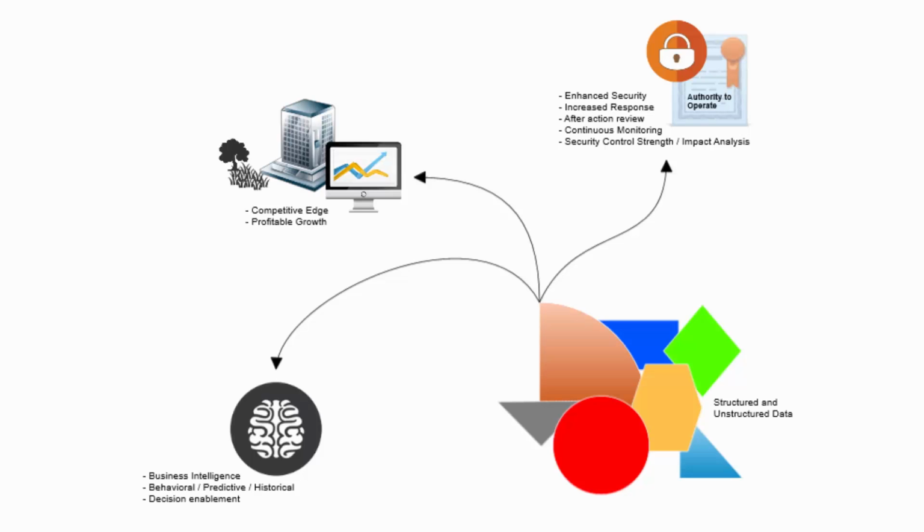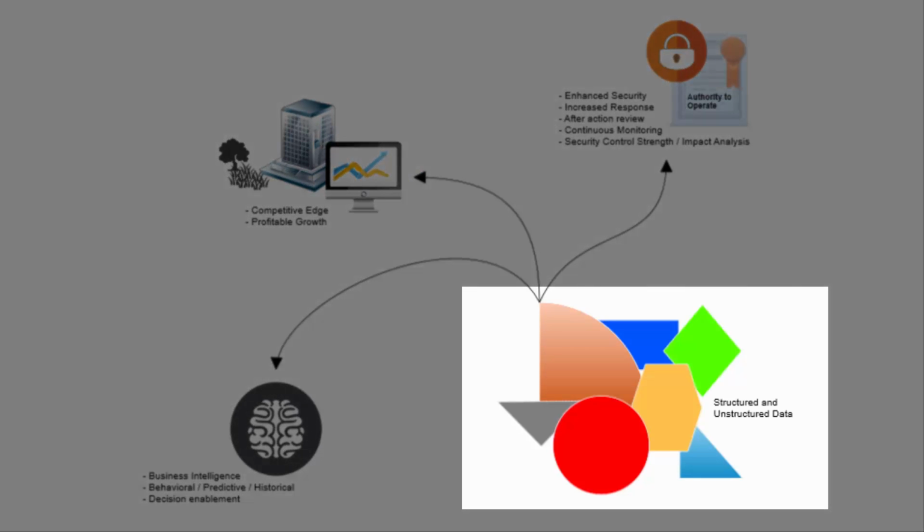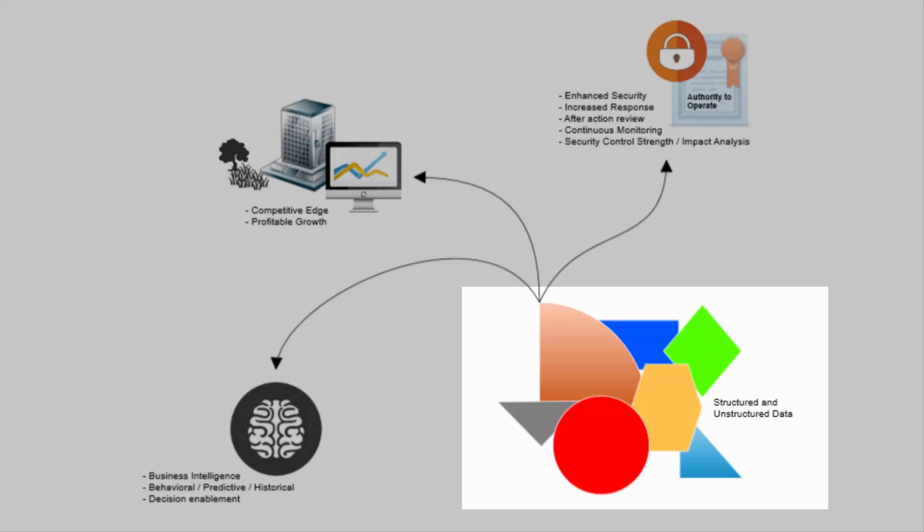So remember, business intelligence is really the collection of structured data and the analysis of structured data. And what we call big data or data analysis, predictive, all of those types of things really are this new thing that's called big data or data intelligence.